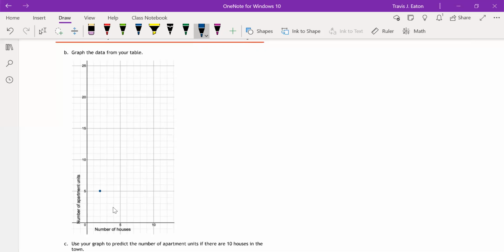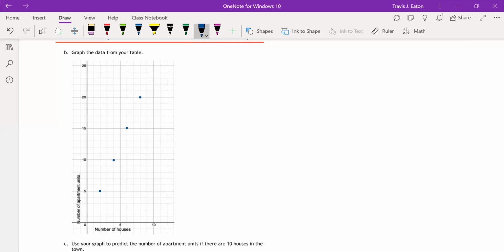All right. Then 4 houses, I had 10 apartment units. For 6 houses, I had 15. So I put my dot there. Very nice. 8 houses, I had 20 apartment units, and so on. All right.